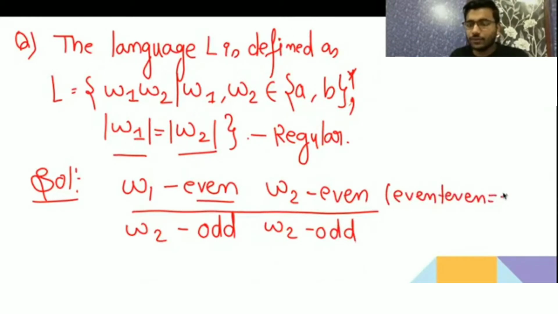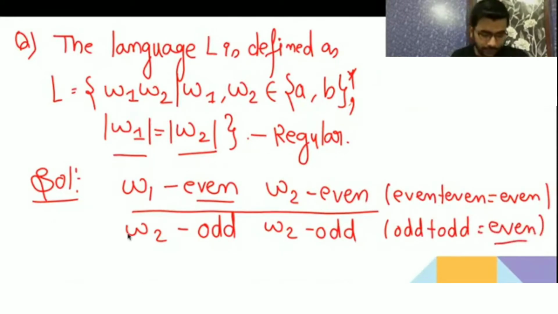Even plus even is going to give you even, odd plus odd is going to give you even. So it is the set of all strings containing even length strings.